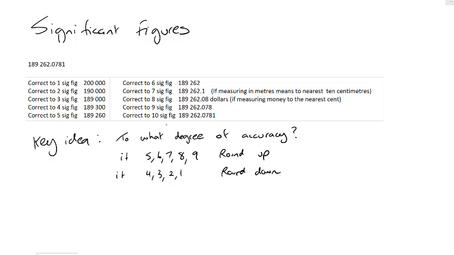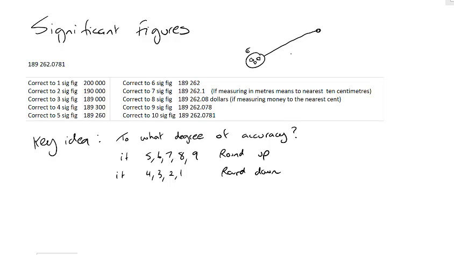Significant figures are really about to what degree of accuracy you can measure something. So if you're measuring, here's Earth, my drawing's so bad, here's the Moon. If you're measuring this, you might only be able to go to the nearest kilometer.